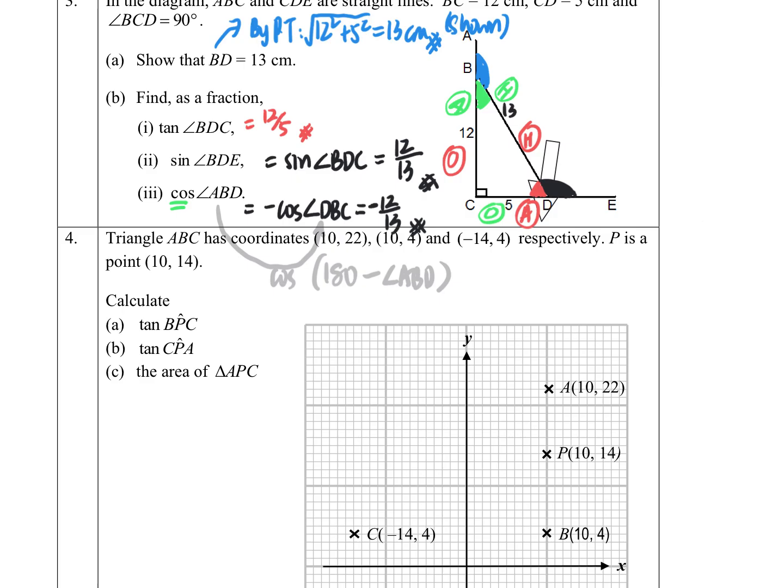B part 3. Okay, cosine of the blue angle is the obtuse one. So I need to relate to the acute beside it. So cosine of the blue one is negative of the cosine of the green one. So that's why I write this statement here, before you sub in. So it's just like cosine 150 is negative of cosine 30.